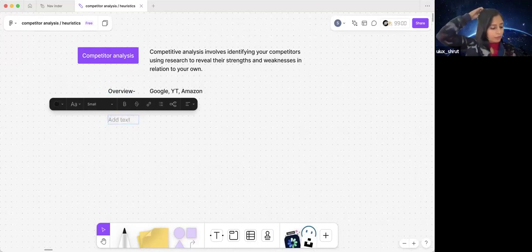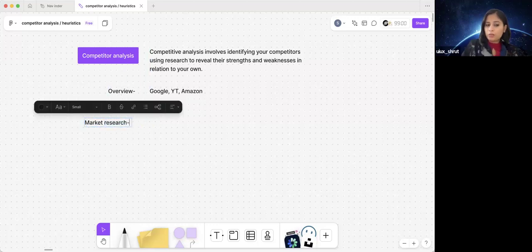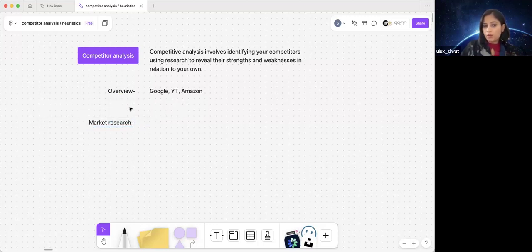Okay, then let's come to the important part, that we are going to conduct a market research. It's going to be a very similar thing to the research you learned in the last session. You learned about user research, right? So there are ways of doing research in competitor analysis.